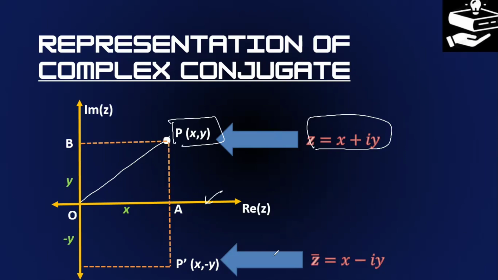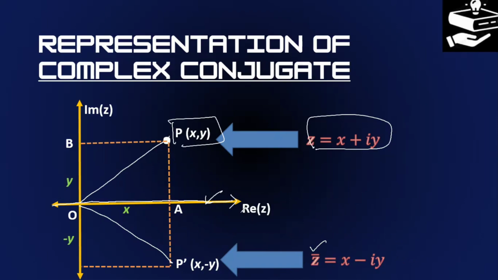Now, if I want to represent this x, minus y, we will see that it is nothing but x minus i times y, because y is in the imaginary part. That's why we are writing x minus iy. Clear? Which is nothing but my z bar, right? So from here we can say that the complex conjugate is nothing but the reflected point, or the image on the mirror, when the mirror is the real axis or the x-axis.